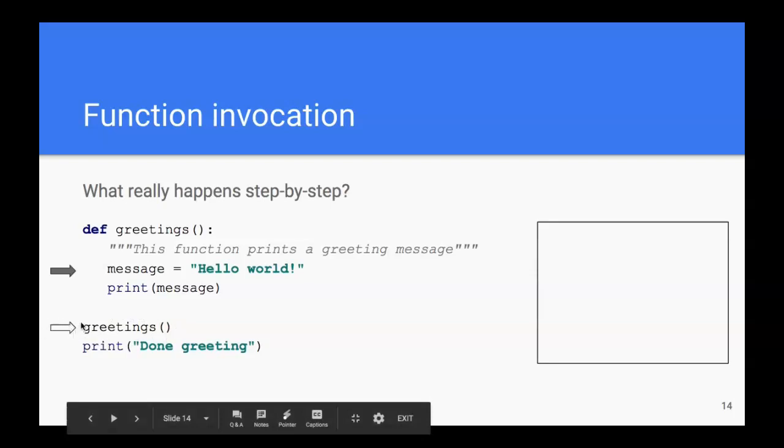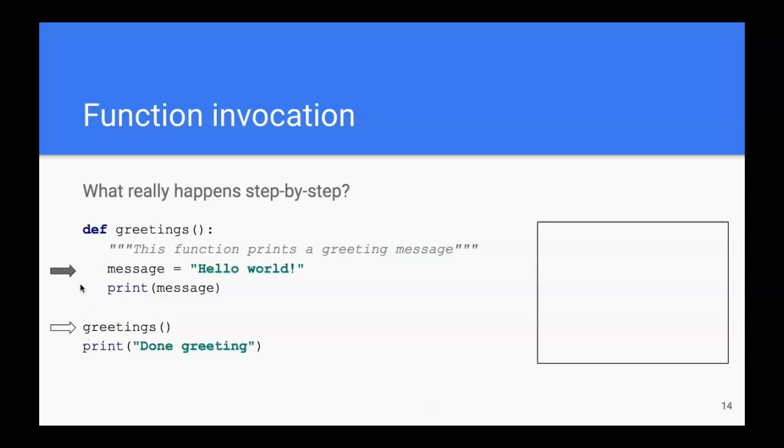That's why there's still an arrow here, so that we remember where we come from. Once we executed the first line in the function, as usual, it goes to the next line. So it does a print. It prints the message. The message has the value hello world. So that's why that hello world is put on the screen.